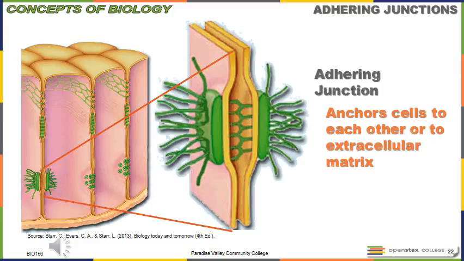So in this case, it's holding onto each other. You can see how it's got this matrix in between the two cells, and then the finger-like projections are allowing the matrix to be held in place. If those were to be bent over in some way, they can't be pulled back through to the interior between the cells.